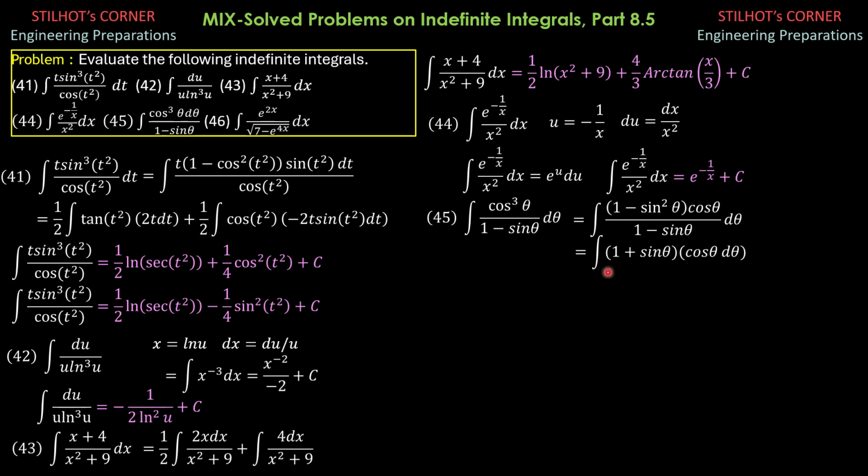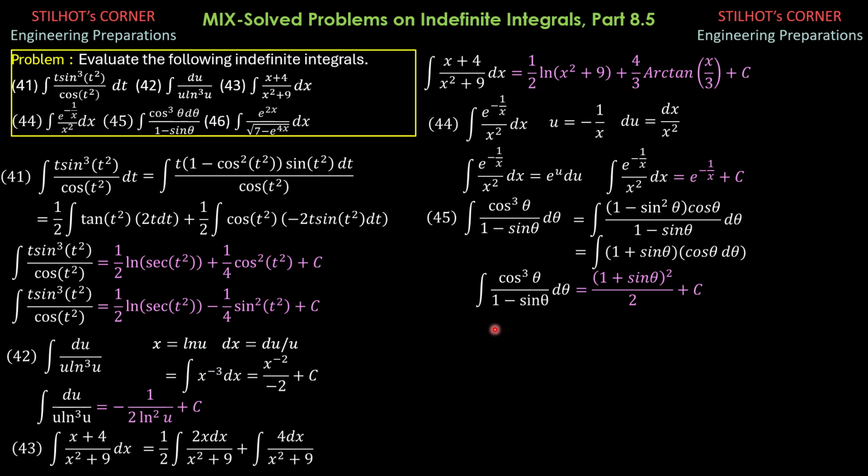So one possible answer is we put this as u, and the differential of u. So 1 plus sine theta quantity squared over 2 plus c. The other possible answer is integral of cosine theta d theta plus integral of sine theta cosine theta d theta. So it is sine theta plus sine squared theta over 2 plus c.